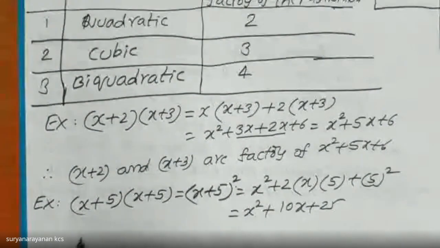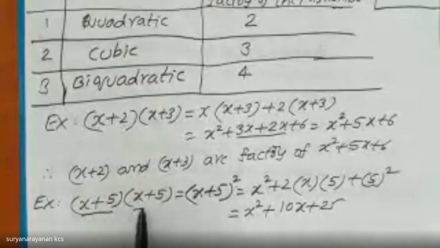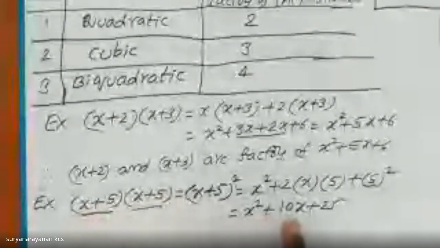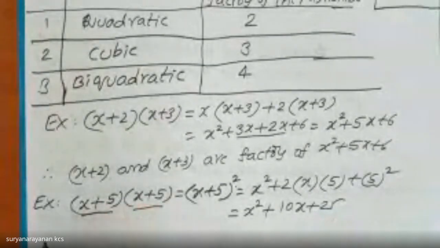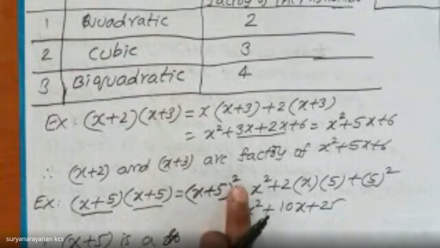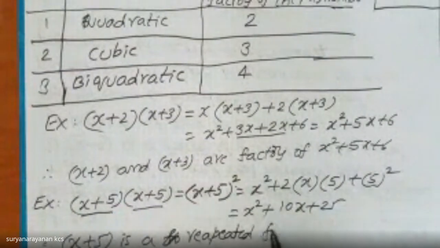See here, the first polynomial and second polynomial are both the same. In this case, we don't say x plus 5 and x plus 5 are factors of x square plus 10x plus 25. We don't repeat the same. So simply we can say that here x plus 5 is a factor. It is repeated. Whole square means it is a repeated factor.